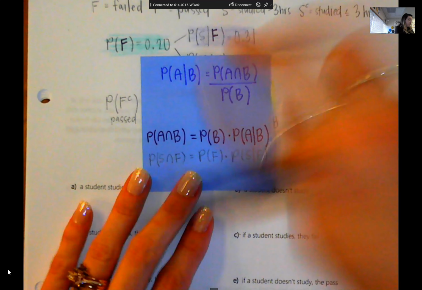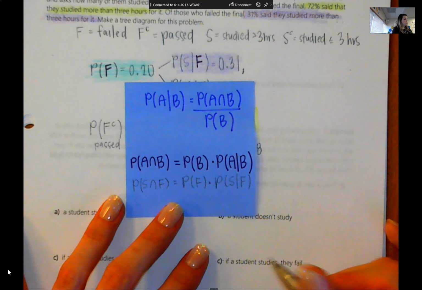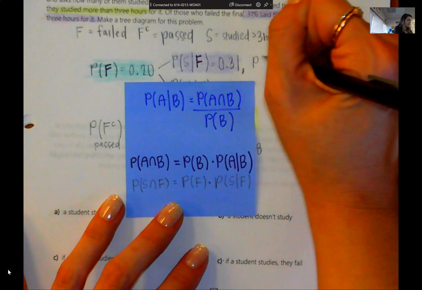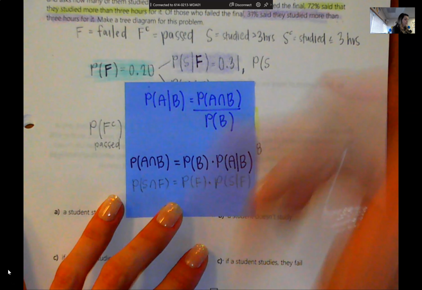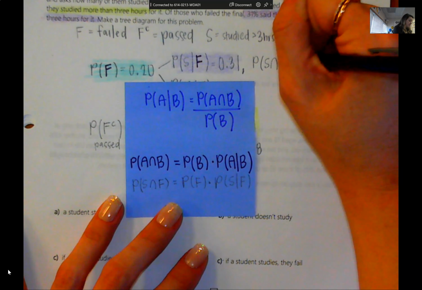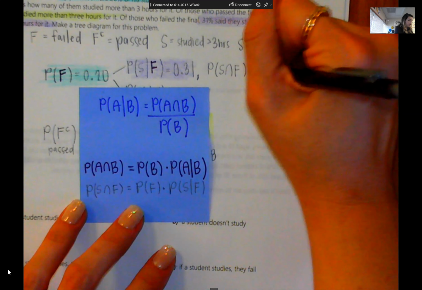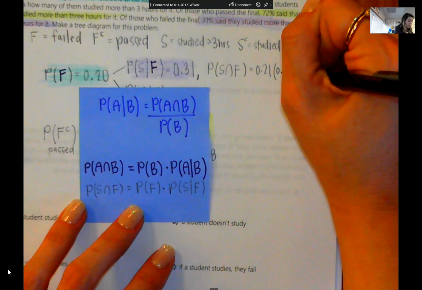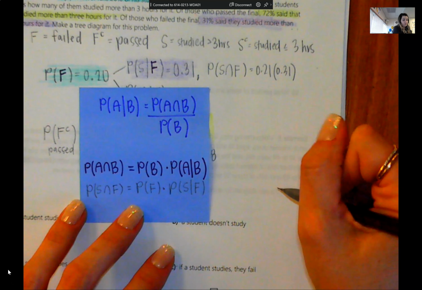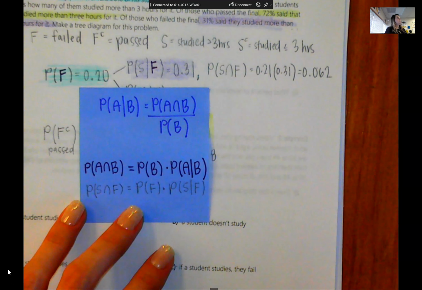We have P of F right here and P of S given F right here. So we can write a comma next to that conditional probability, and we now know that the probability that we select one student at random, and they studied and failed, is equal to 0.21 times 0.31, which I believe is 0.062.